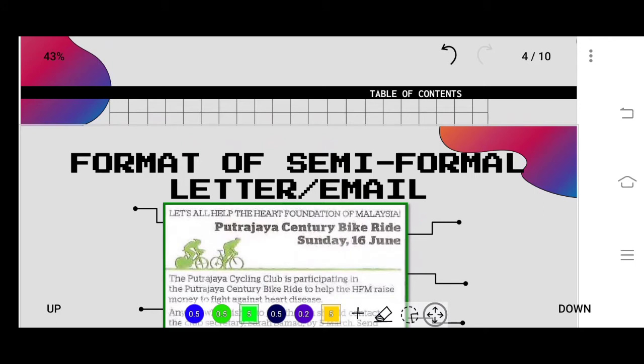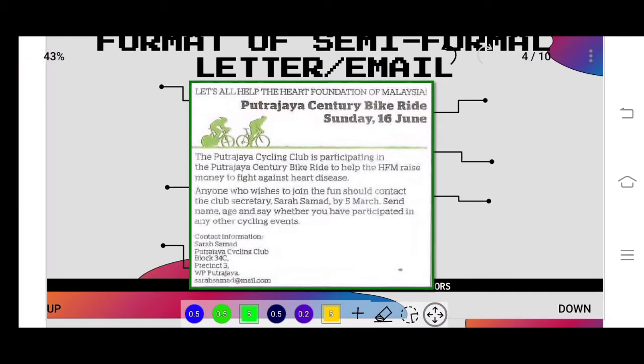Before we learn the format of a semi-formal letter, let's take a look at the announcement. I will read it for you. Let's all help the Heart Foundation of Malaysia. Putrajaya Century Bike Ride, Sunday, 16 June. The Putrajaya Cycling Club is participating in the Putrajaya Century Bike Ride to help the HFM raise money to fight against heart disease.